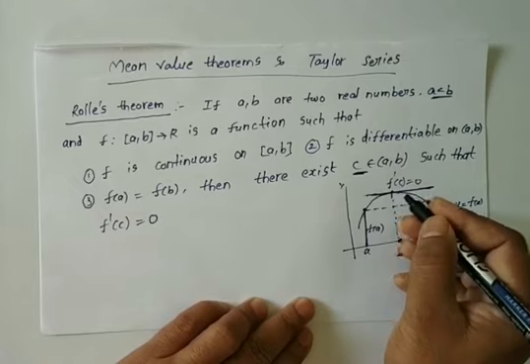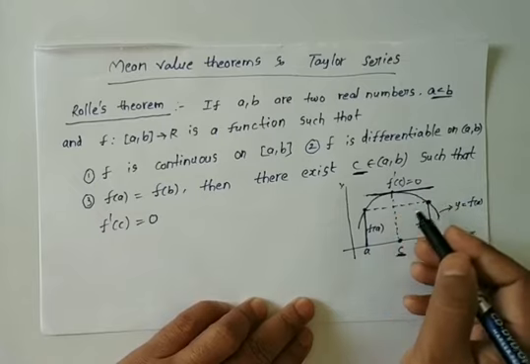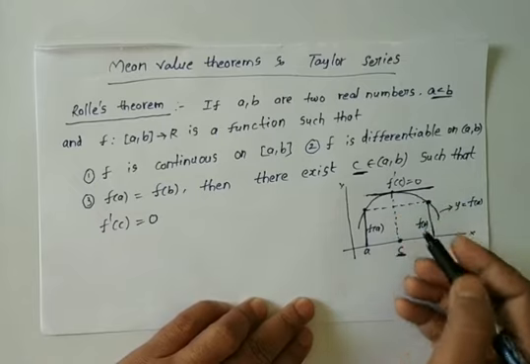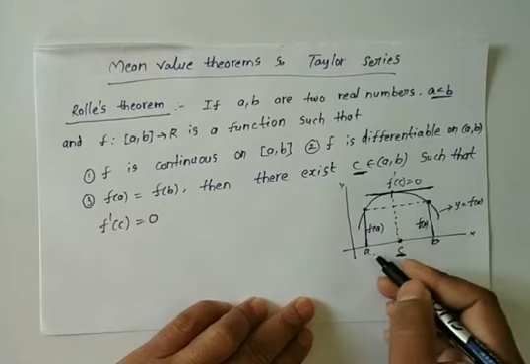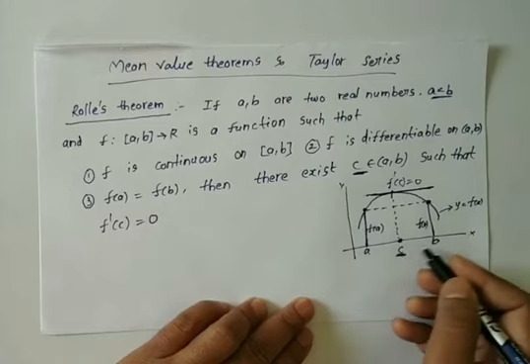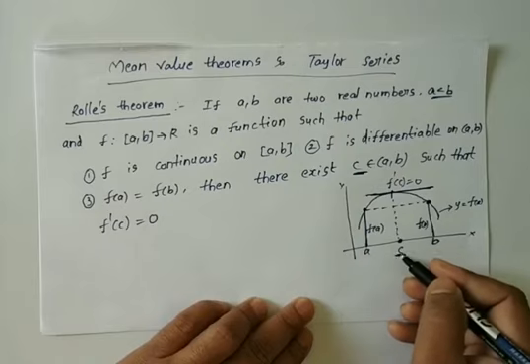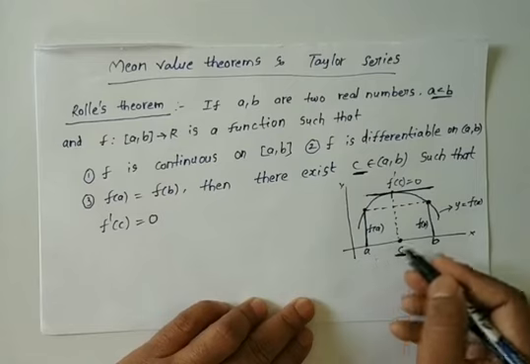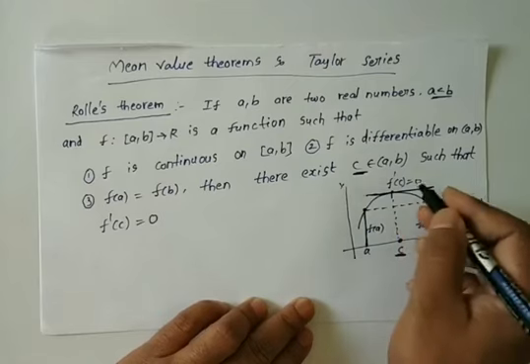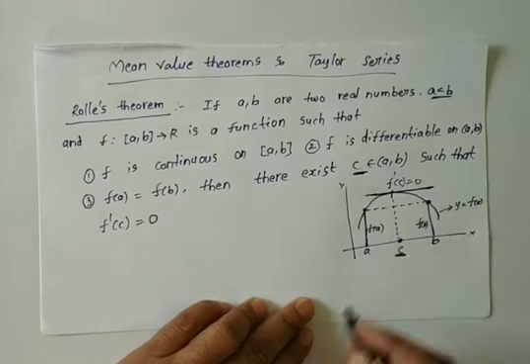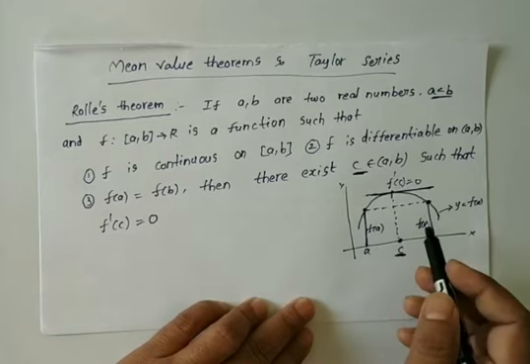You can observe here f of a is equal to f of b. There exists c in the open interval a comma b, which means there exists a point c in between a and b such that f dash c is equal to 0.